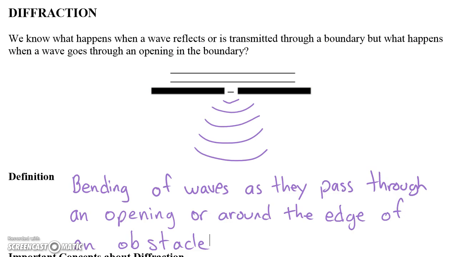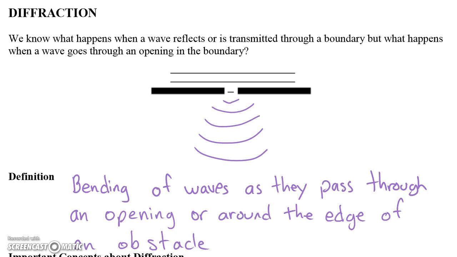Don't worry about the stuff at the top, because it starts getting very complicated with the different directions that the waves are now reflecting and interfering with each other. All we want to focus on is how the wave spreads out through an opening. And that is called diffraction.